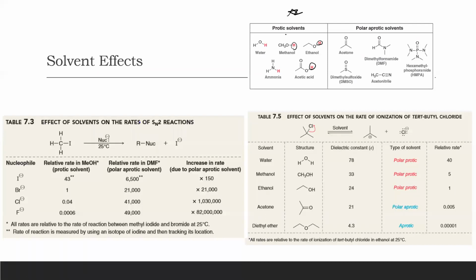And these are going to be used mostly in your E1 and SN1 reactions. You also have polar aprotic solvents. These ones do not contain a proton connected to an electronegative species. These will be used in your SN2 and E2 reactions.